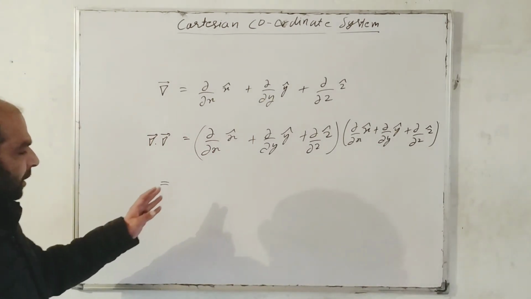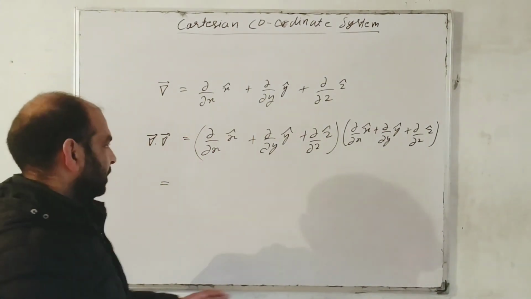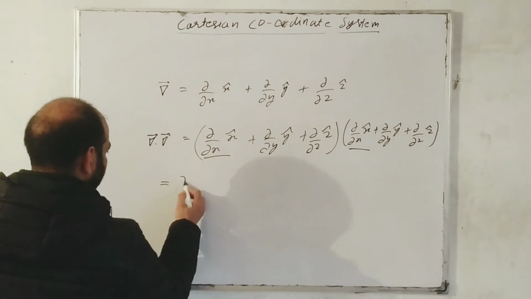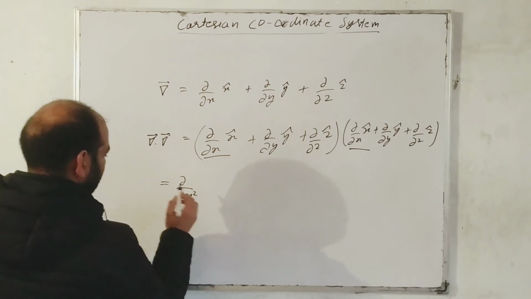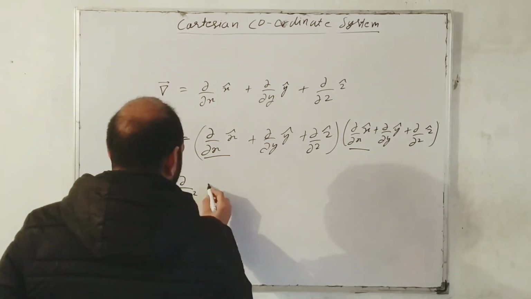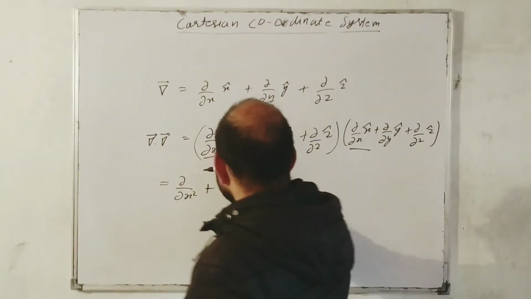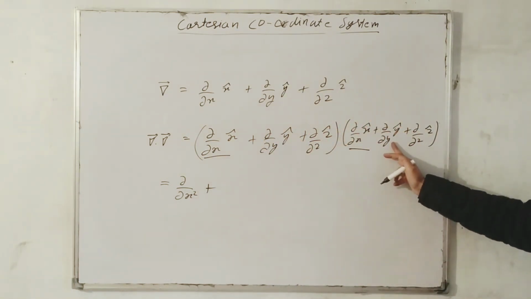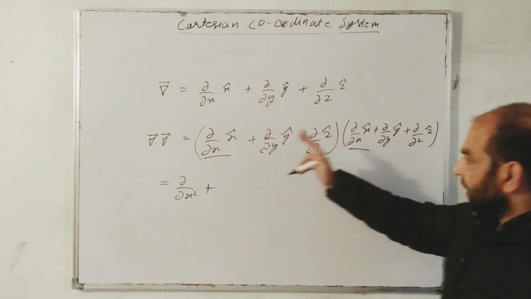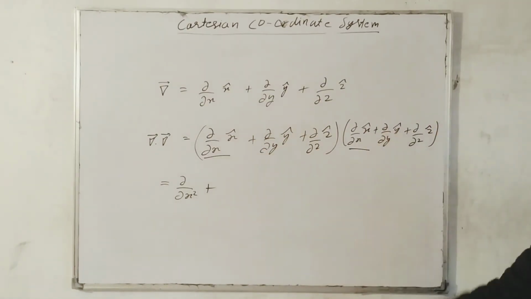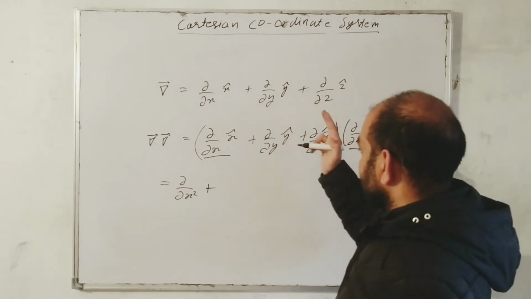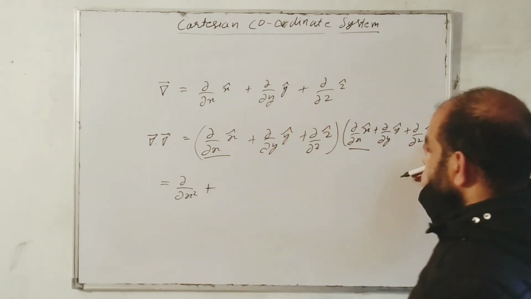Now we are taking the dot product. If we multiply this and this, it will become ∂²/∂x². If we multiply this term with the y component, x dot y will become 0. I have already explained why it will become 0. And again x dot z will become 0.